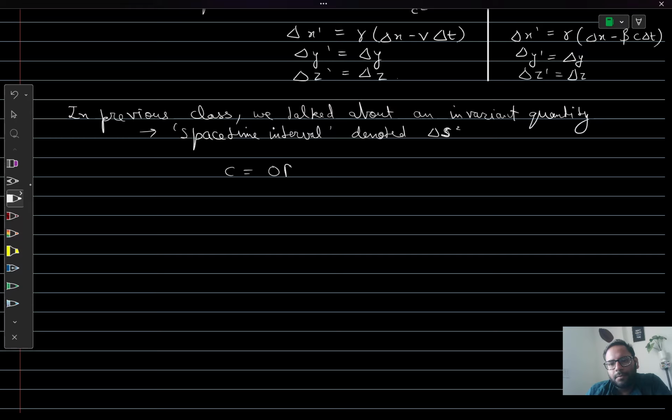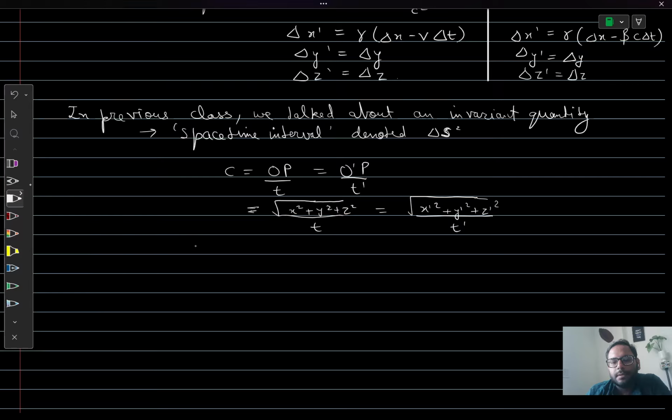So distance upon time should be the same in prime coordinates, and the interval form will look like the same equations.